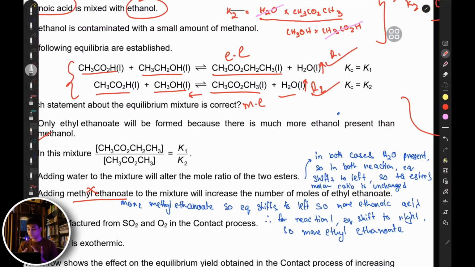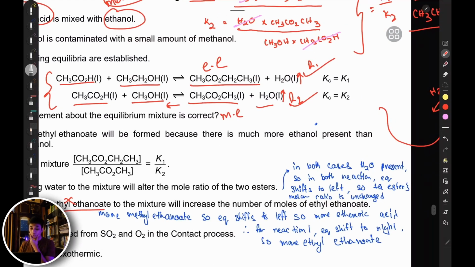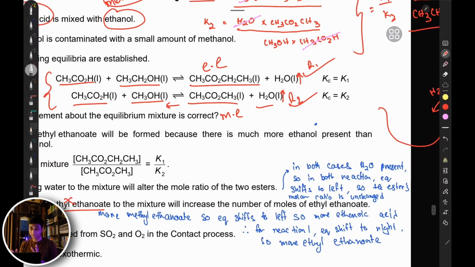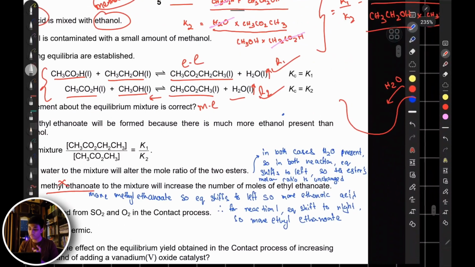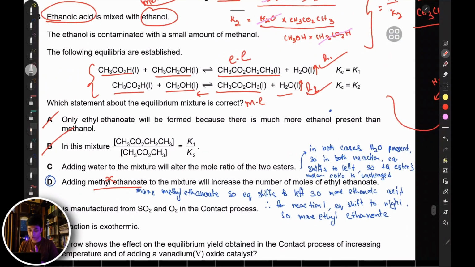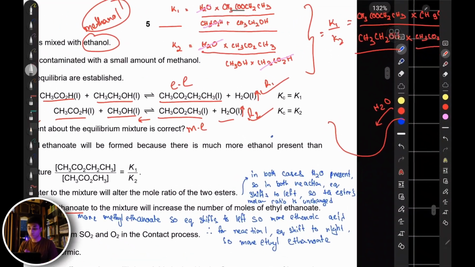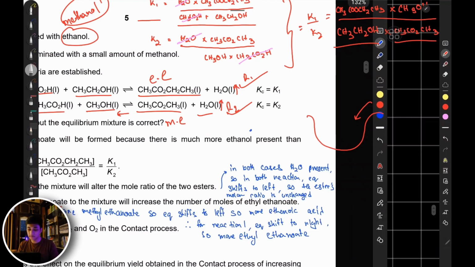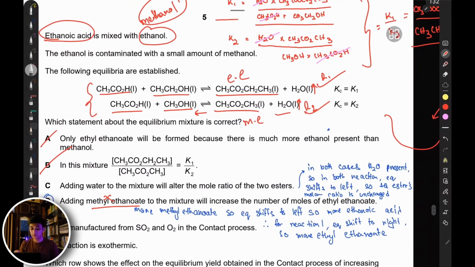Logically, let's assume a number. Let's say you have not added any amount of water, and both reactions have reached equilibrium.